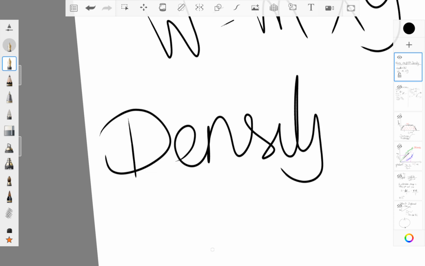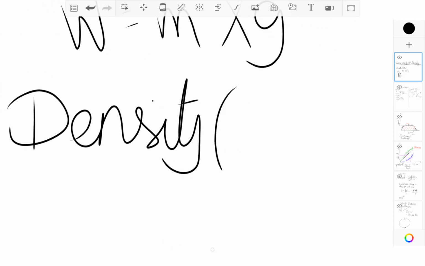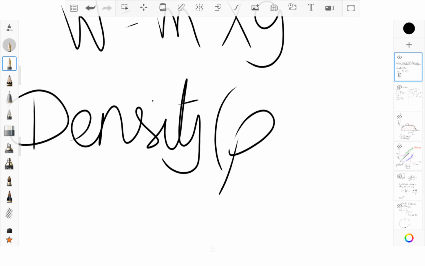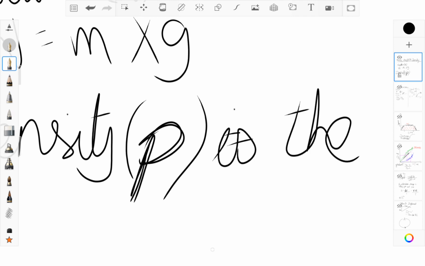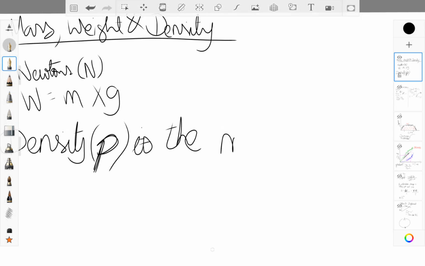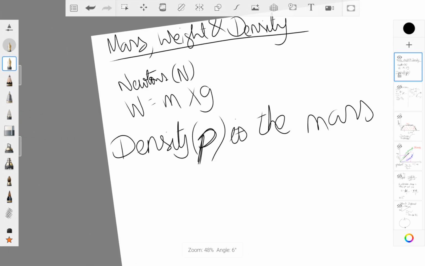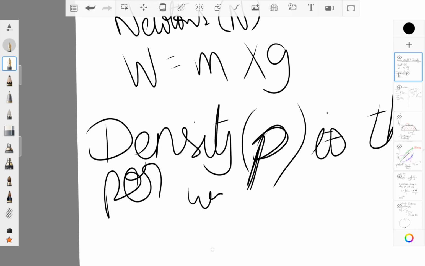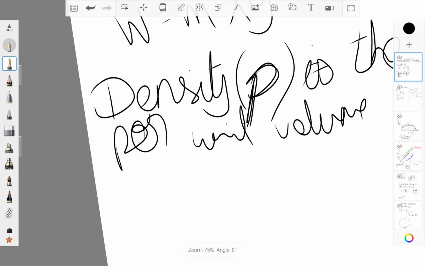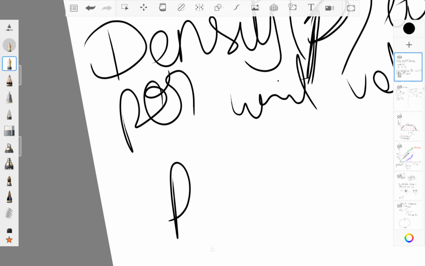Let me write that down. Density, which has the symbol rho, it's a Greek symbol, it looks like a P, it's called rho, is the mass per unit volume, and we can say that rho is equal to mass over volume.